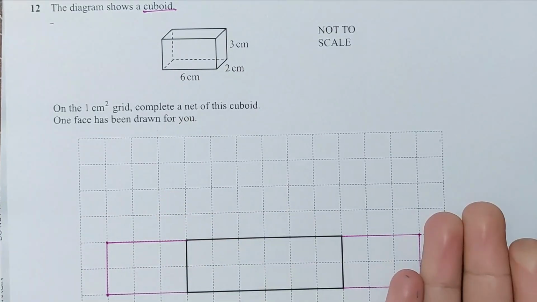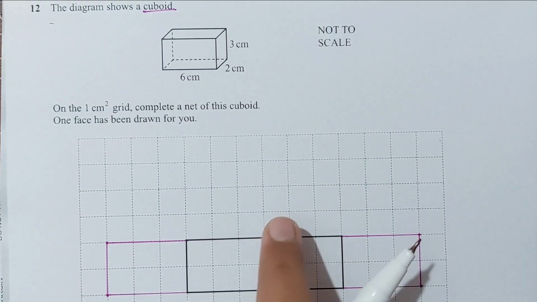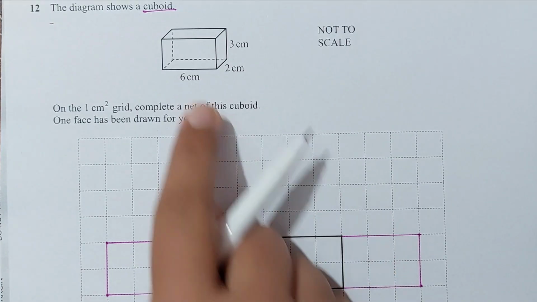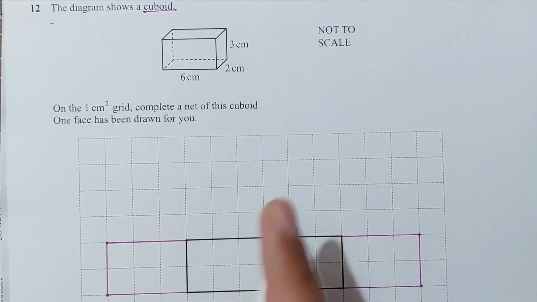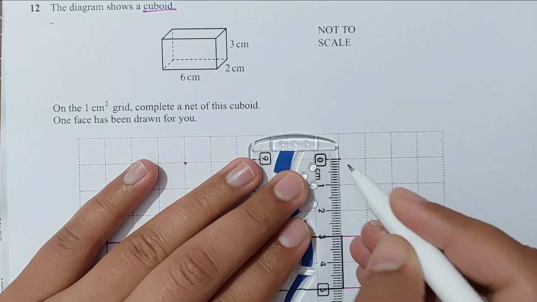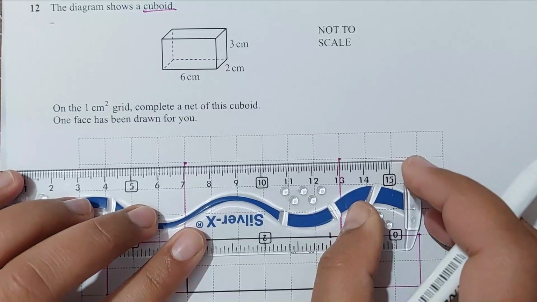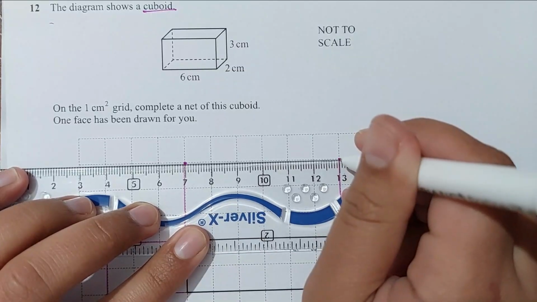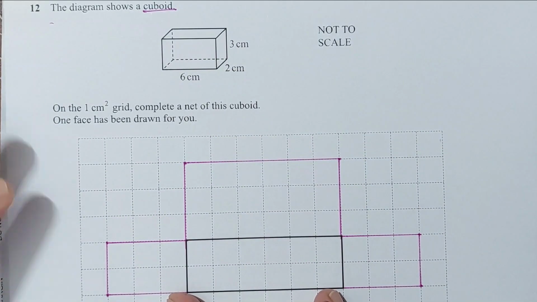So this is a base. We can open the left and the right side, right? Now this would be, let's say, the front side, which is 6 by 3. The front side is 6 by 3. And you can see this is the base.